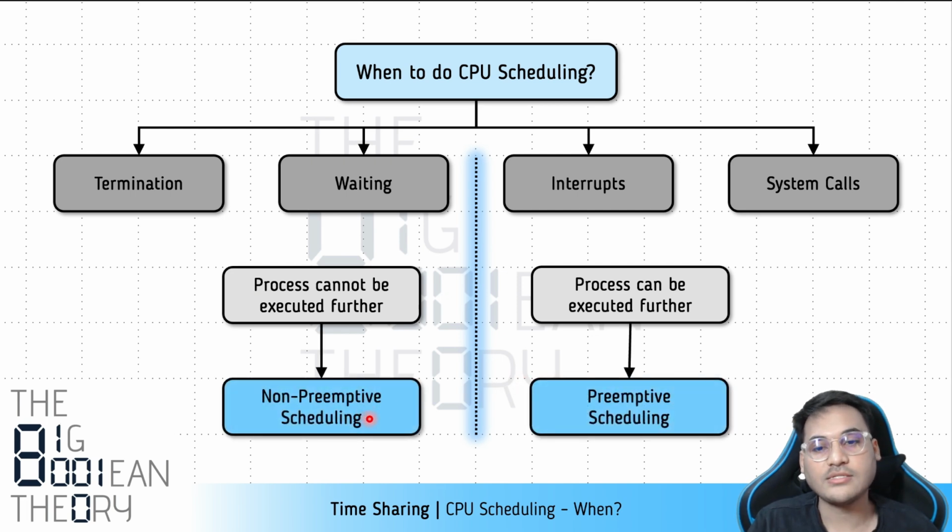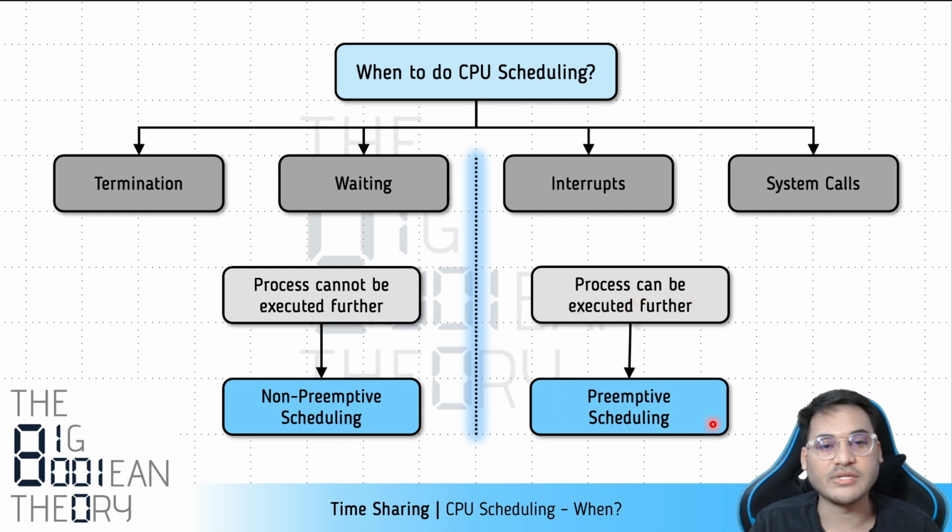If the operating system only does CPU scheduling when the process cannot be executed further, then that kind of scheduling is called non-preemptive scheduling. Or the other case is that if the operating system can do CPU scheduling in any case, that is, do a context switch even if the current process can be executed further, this is called preemptive scheduling, right?